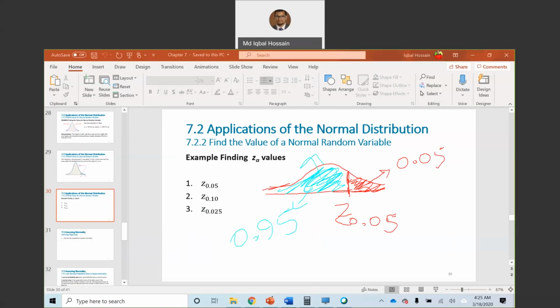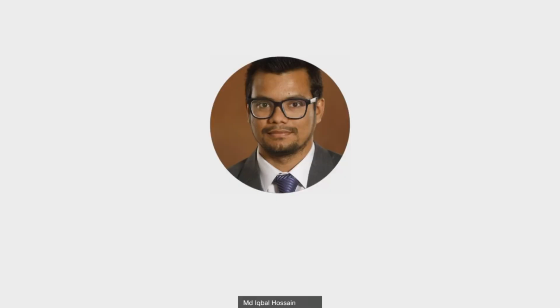So we already found the value for that. If we go here to Blackboard, we find the area for 0.95. You can see the point for 0.95 is 1.64.